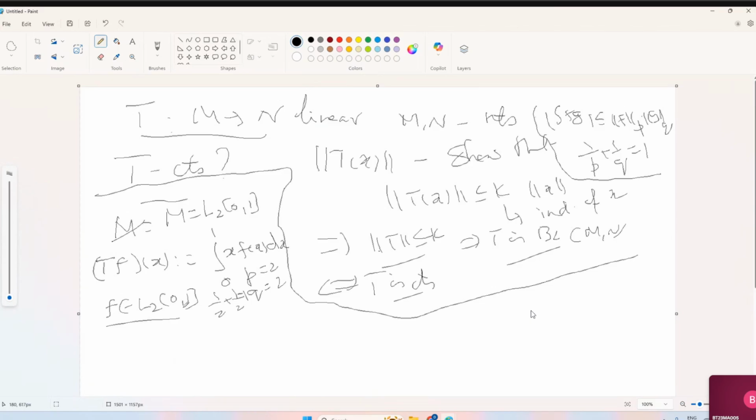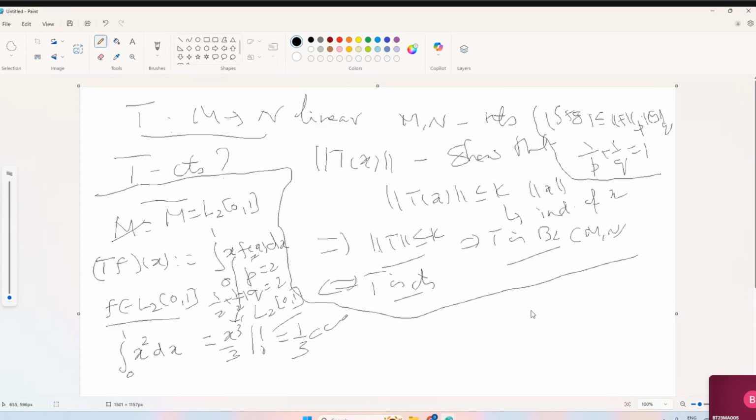Now, you show that x is in L2. Then you can use this inequality, and this integral exists. So let us calculate the integral of mod x squared dx from 0 to 1. Everything is positive. Now that is nothing but x cubed by 3, between 0 and 1, so it will be equal to 1 by 3.